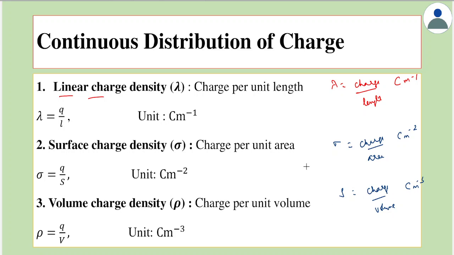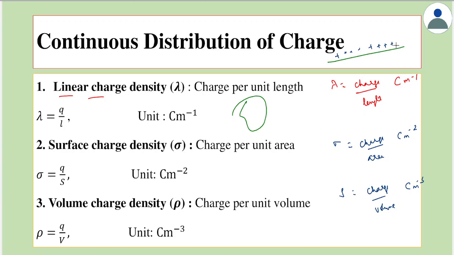Now lambda, sigma and rho are useful if we have a very big charge distribution. That is, if you have a very long charged wire, or a very big charged area or a charged volume. In that case, if you want to find the charge in a given region, for example, think of this wire to be infinitely long.